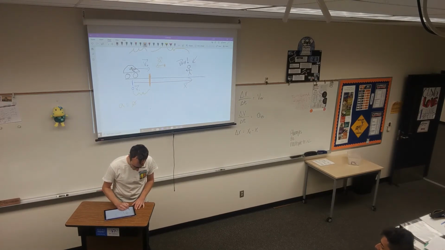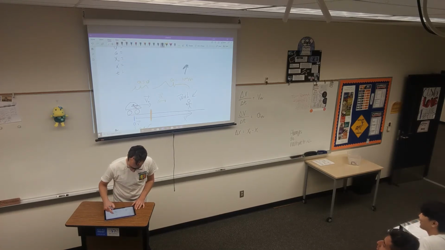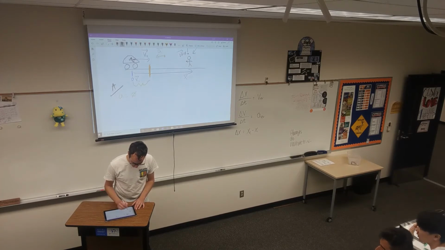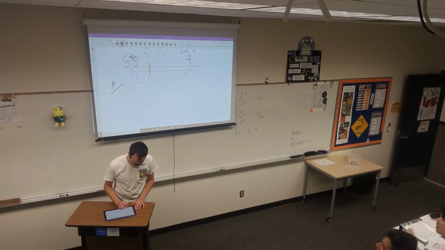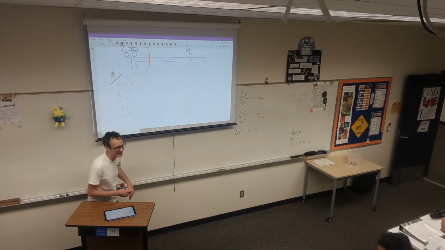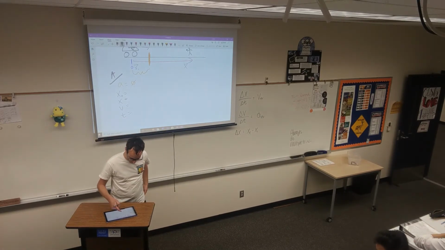So here's going to be part A. And then over here I'm going to do part B. So for part A, if I have 0 acceleration, the only things that are going to matter are the initial position and final position.